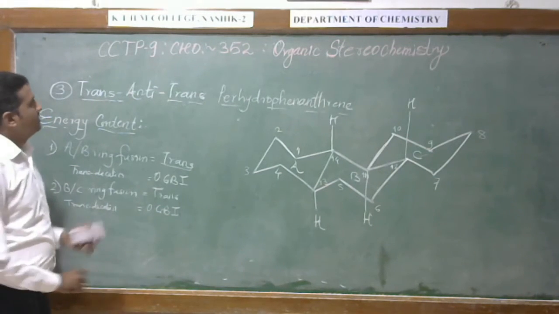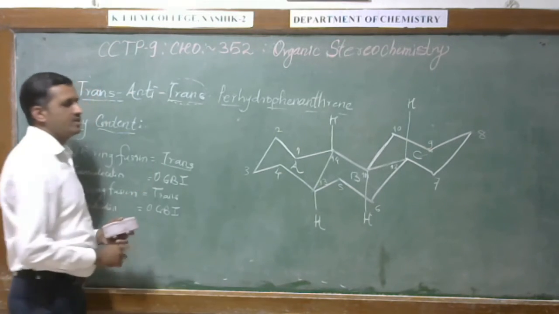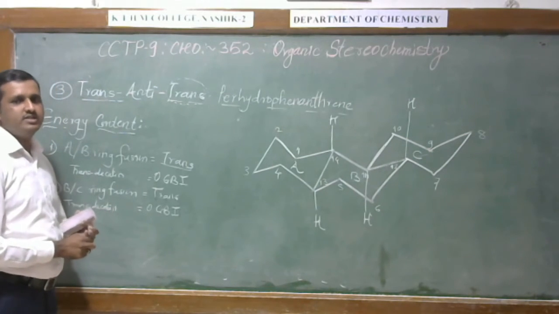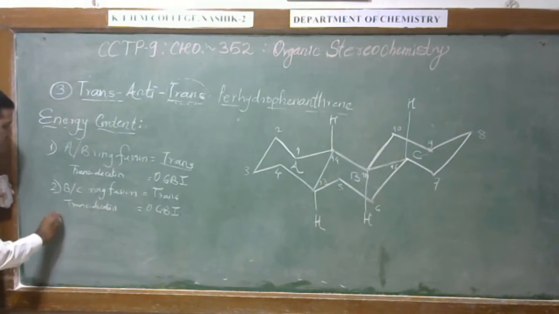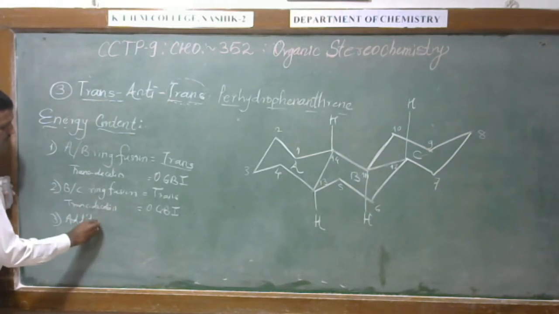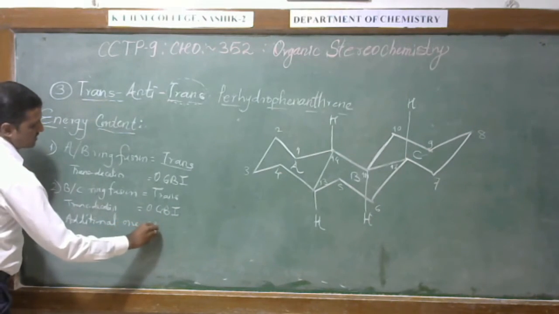But the last word, we know that if the last word is in trans condition, we always consider one additional gauche-butyl interaction in case of perhydrophenanthrene. So last word is trans, additional one gauche-butyl interaction.